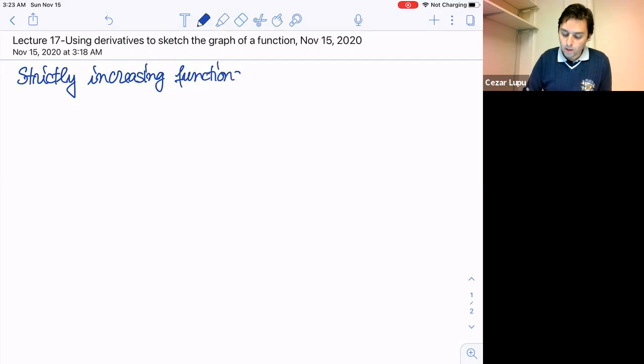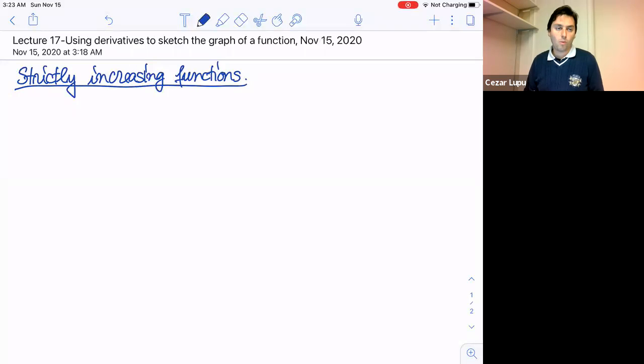At this point, we would like to see what the connection is between increasing, decreasing, in fact, monotone functions and derivatives. All right, now let's go back to the definition of a strictly increasing function. Sometimes I will avoid the word strictly and just use increasing. Once I use this, you will understand that it's strictly increasing. And when I say it's non-decreasing, I mean it's increasing, but not strictly.